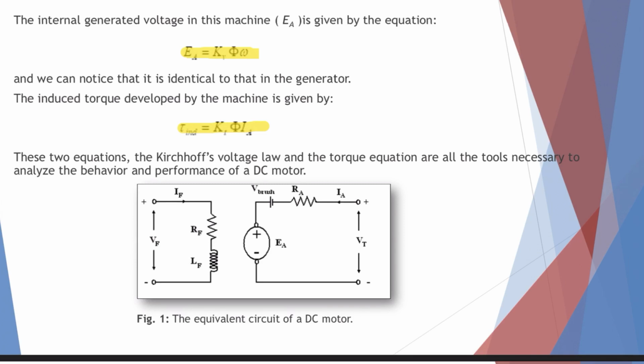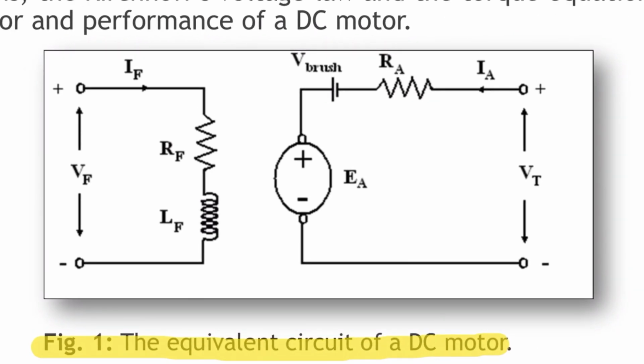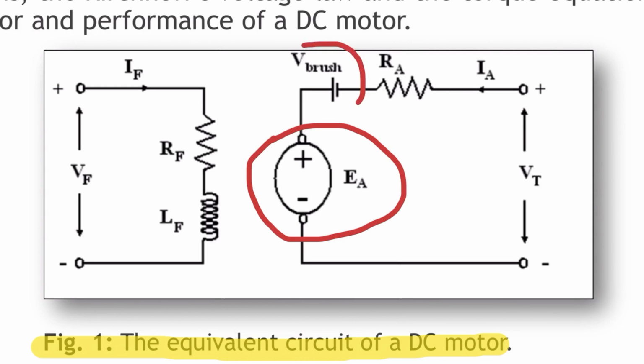By the way, this is figure 1, the equivalent circuit of the DC motor. Okay, let's zoom in. As you can see here, this is the armature with the brushes, EA. This is the V brush drop, and this is the RA with a low value of resistance.